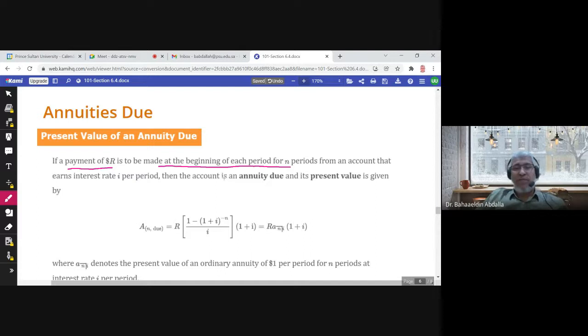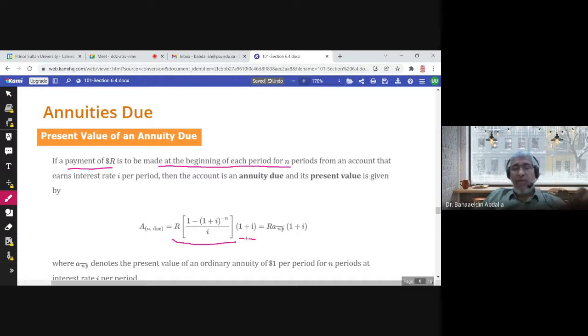Notice that because of this difference, we just multiply the formula of ordinary annuity by 1 plus i. That's the difference between annuity due and ordinary annuity.